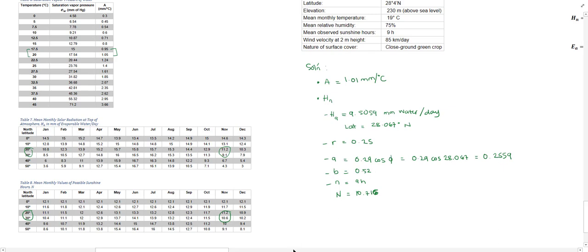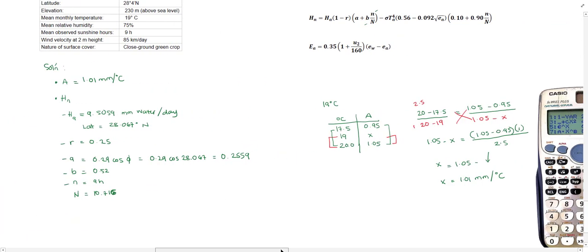And then what else? And sigma Stefan Boltzmann is equal to 2.01 times 10 negative 9. And then TA. Our TA is 273 plus degree Celsius. 273 plus 19. This is equal to 292.